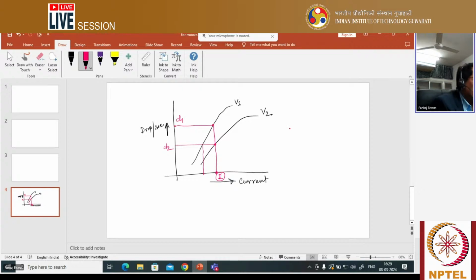Here you can observe that drop transfer D1 is greater than D2.